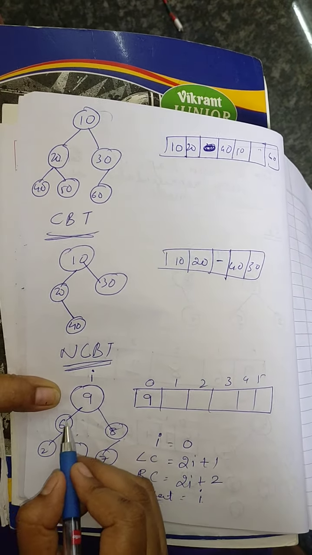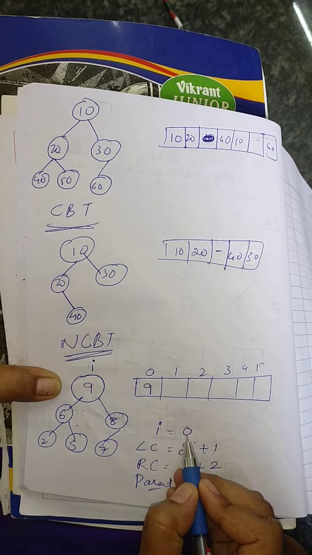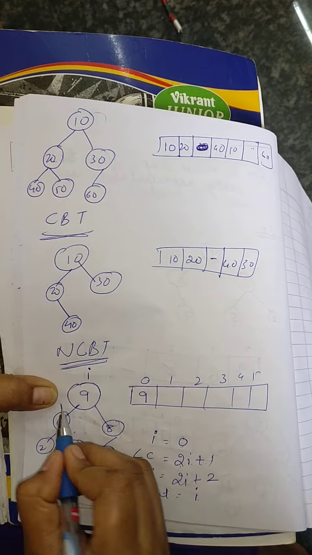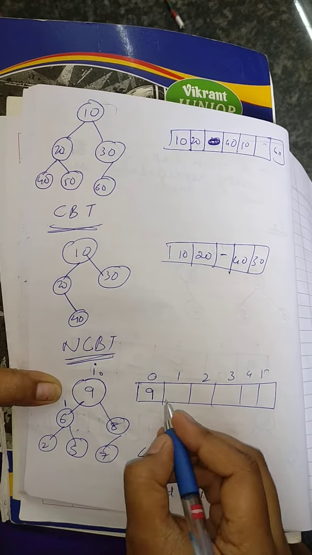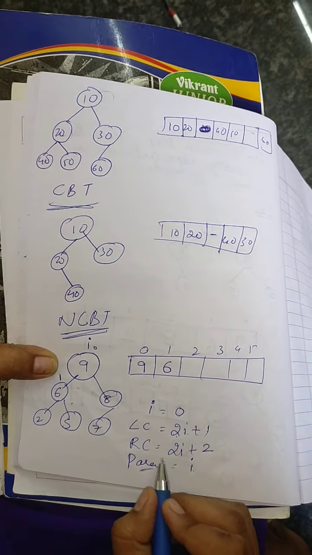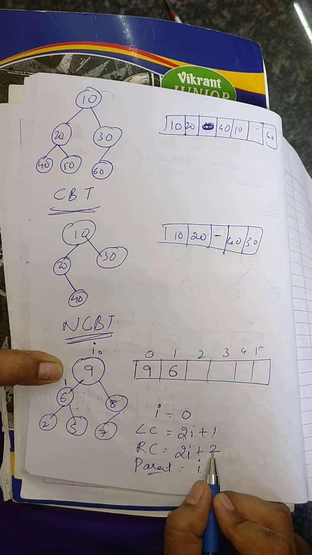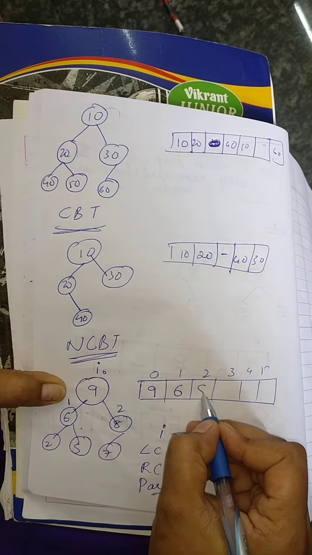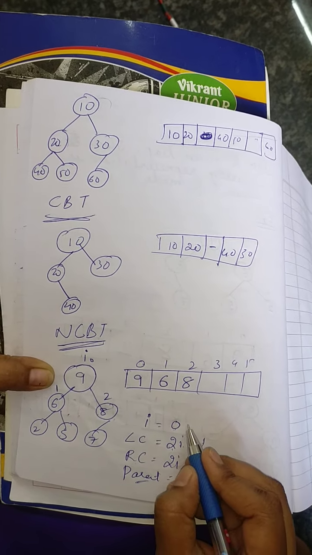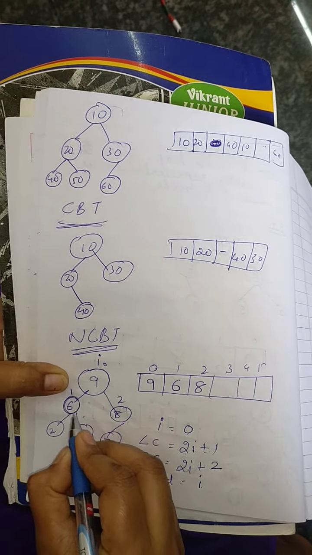Next, I want the left child, that is 2i plus 1. What is i now? 0. 2 into 0 is 0, 0 plus 1 is 1. What is at 1 now? 6. So represent 6. Next, to find the right child, what is 2i plus 2? 2 into 0 is 0, plus 2 is 2. What is at 2 you have? 8. Next, at the third position, now i will be 1, because this is my parent now.